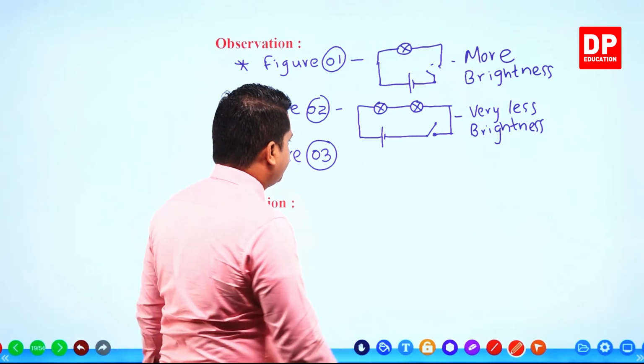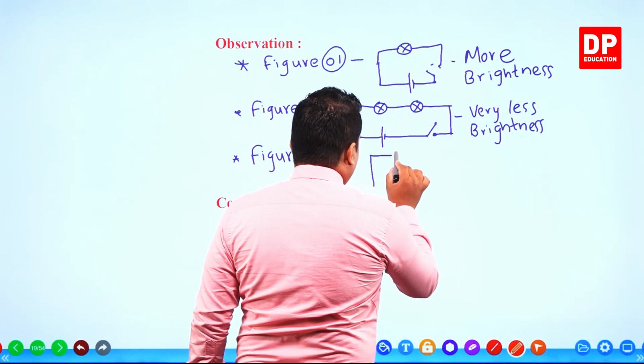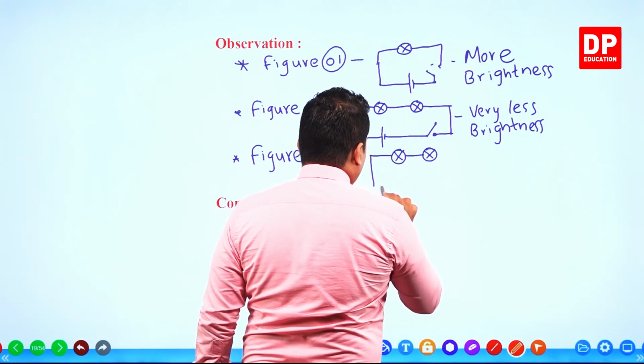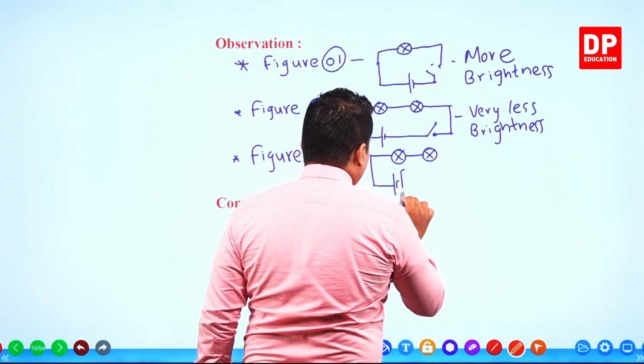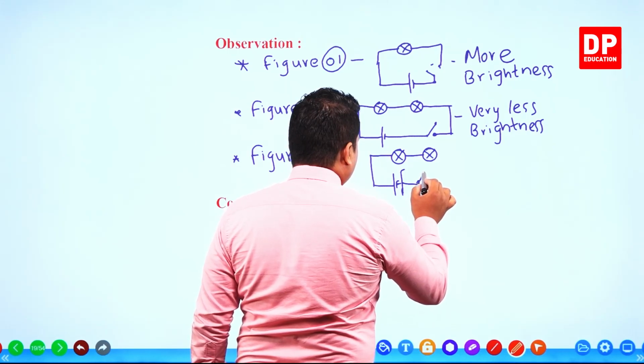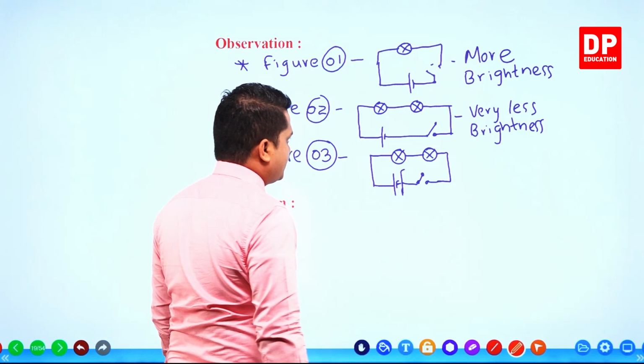Then figure 3, the third figure. In figure 3, it's like this, two bulbs together with two dry cells which are interconnected like this, with a switch like this.